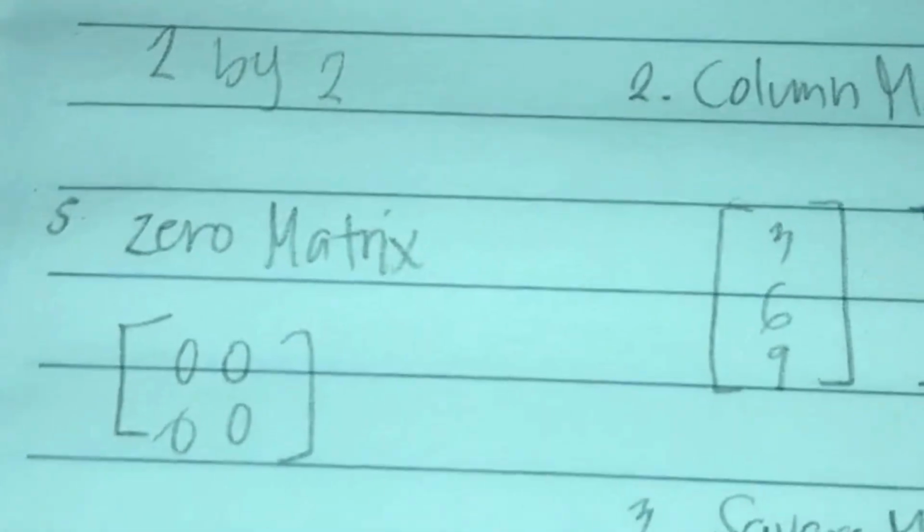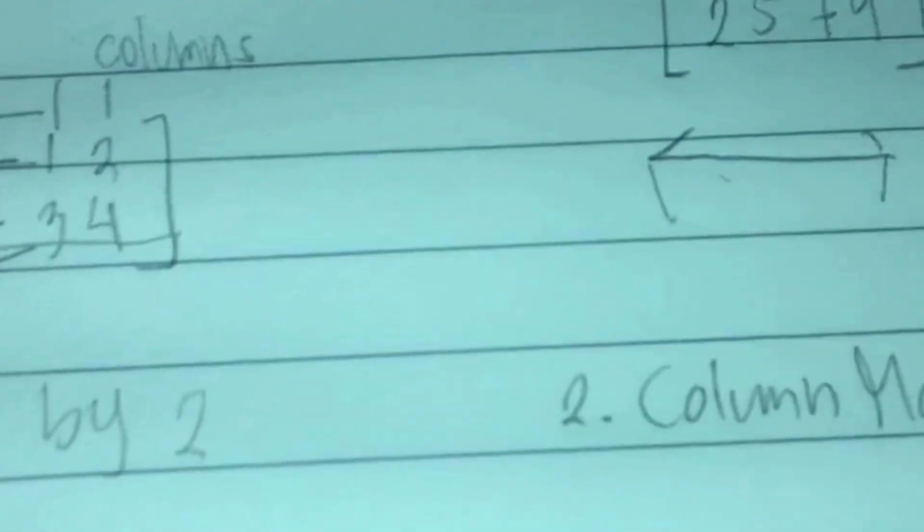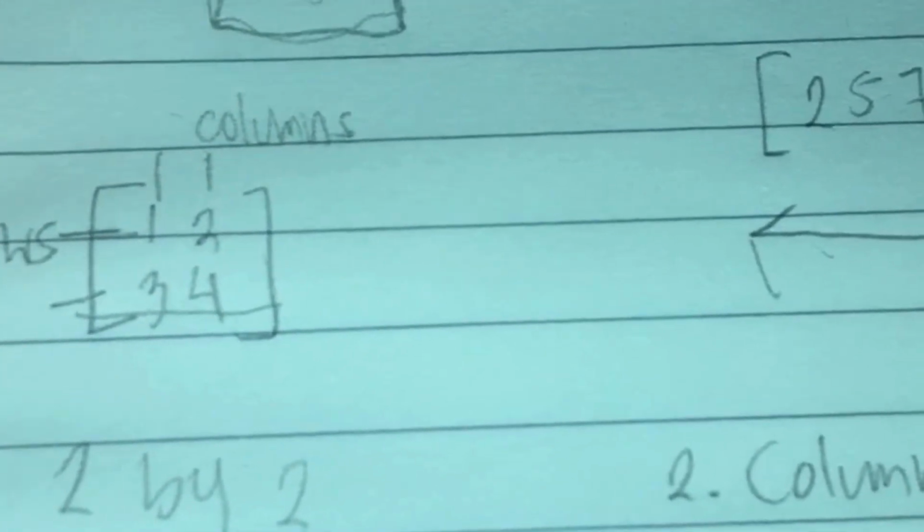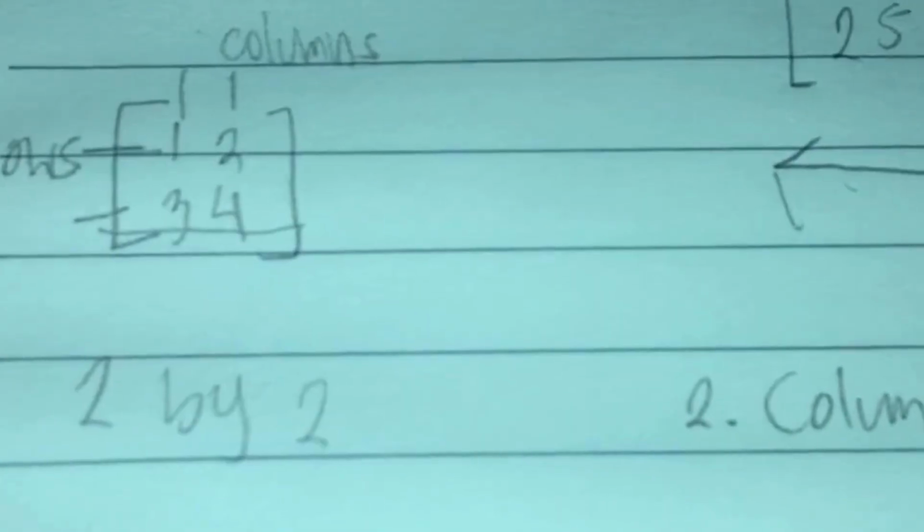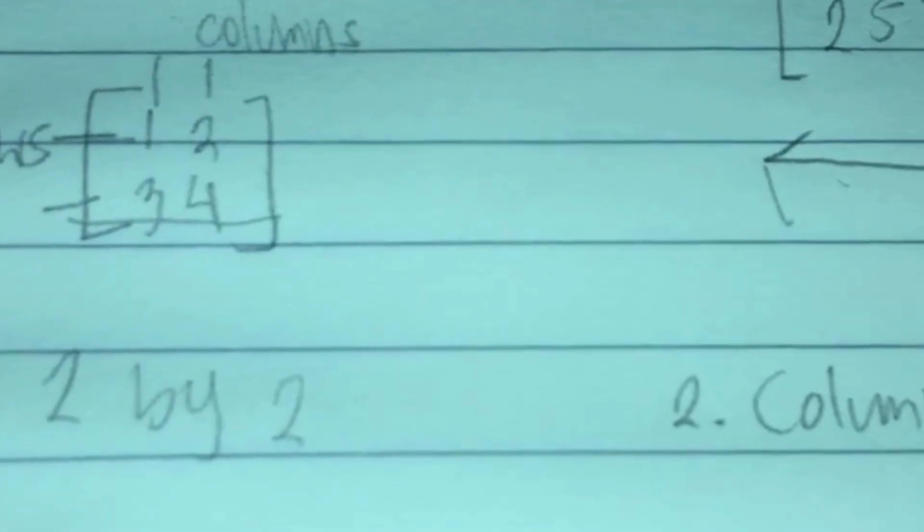So let's slowly summarize what we did today. We learned that a matrix is a structured arrangement of numbers, that structure is based on rows and columns, and we identified different types of matrices.